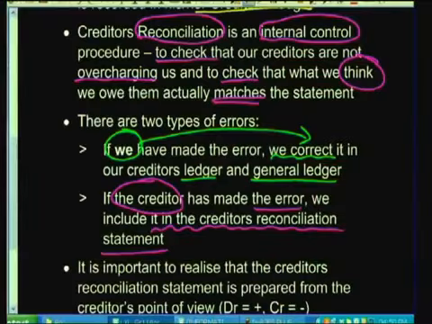Just like here, when we have made the mistake with creditors reconciliation, we update our own books in the creditors ledger and in the general ledger. However, in bank reconciliation, if the bank has made the mistake, all we can do is list it as an outstanding deposit or an outstanding check on the bank reconciliation statement. We don't have access to the bank's books. We can't change them. Same as this, if the creditor has made the mistake, then we're going to make the entry on the creditor's reconciliation statement.